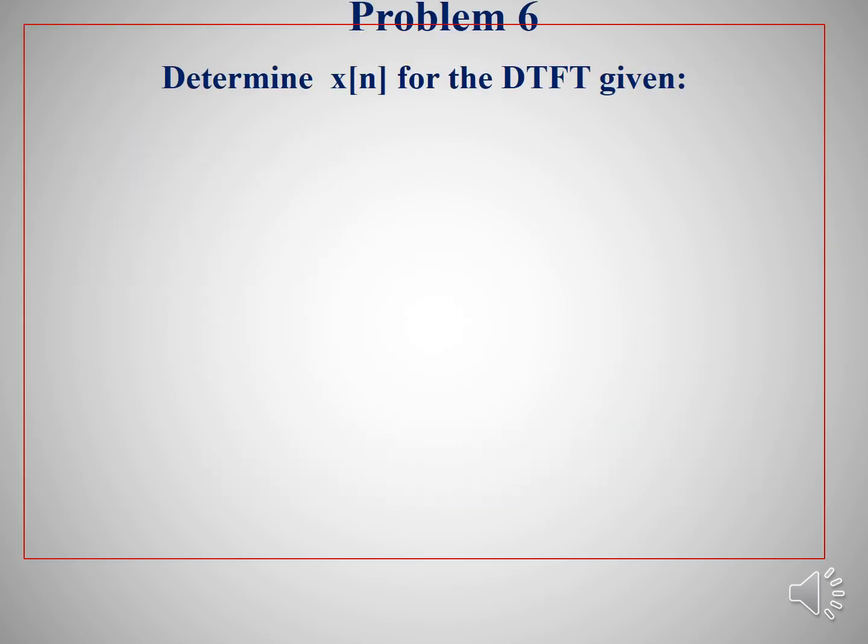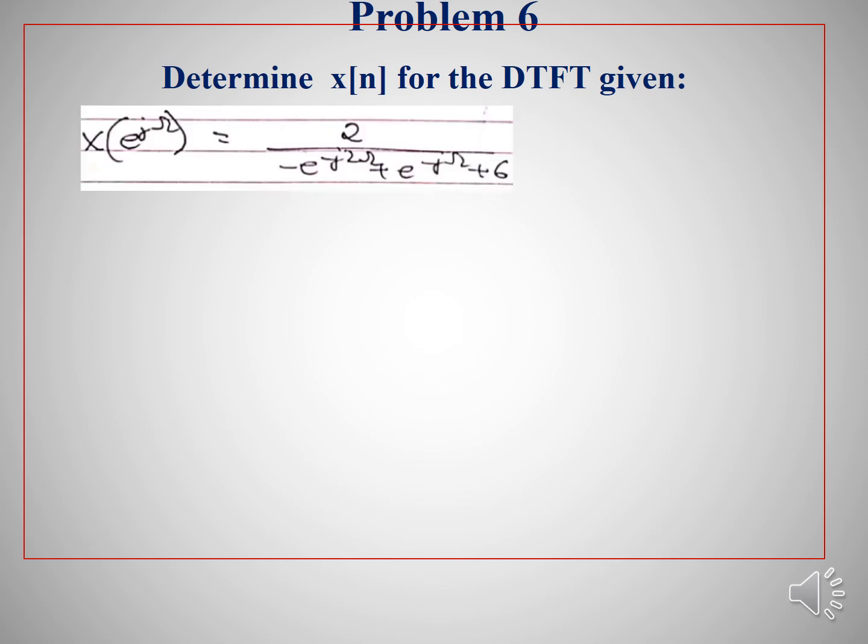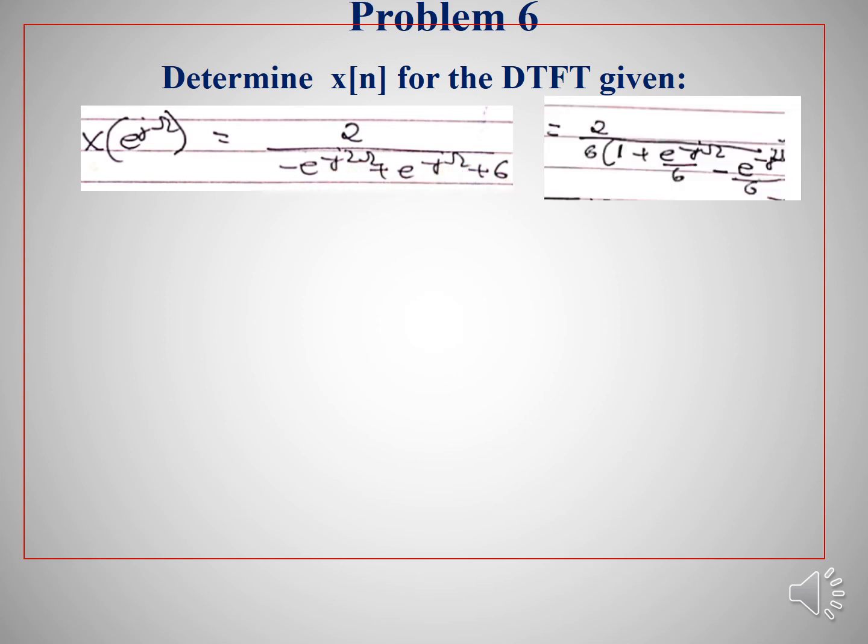Let us go on to another problem, to determine x of n for the DTFT given. X of e power j omega is 2 divided by minus e power minus j 2 omega plus e power minus j omega plus 6. This would be equivalent to 2 divided by 6 into 1 plus e power minus j omega by 6 minus e power minus j 2 omega by 6.